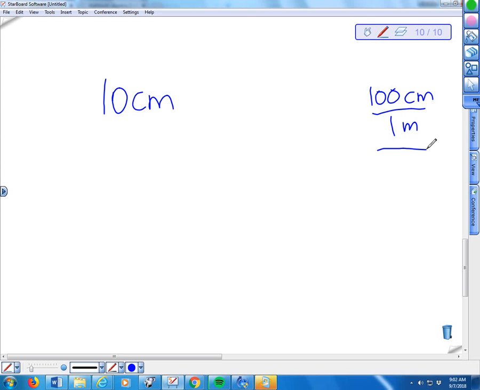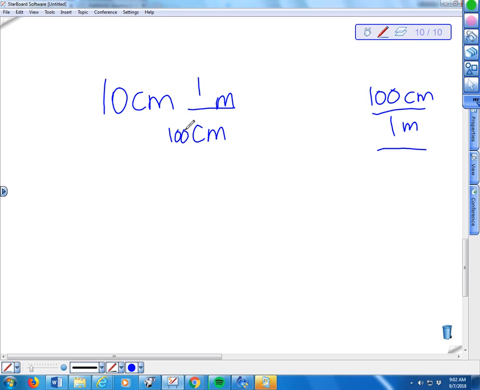The way I always think about it is I want centimeters to cancel, and I want to end up with meters. So if centimeters are on top, they need to be on bottom for them to cancel, right? So I usually just write my units in and make sure my units are in the right place, and then I can fill the numbers in. So this is 1, this is 100.